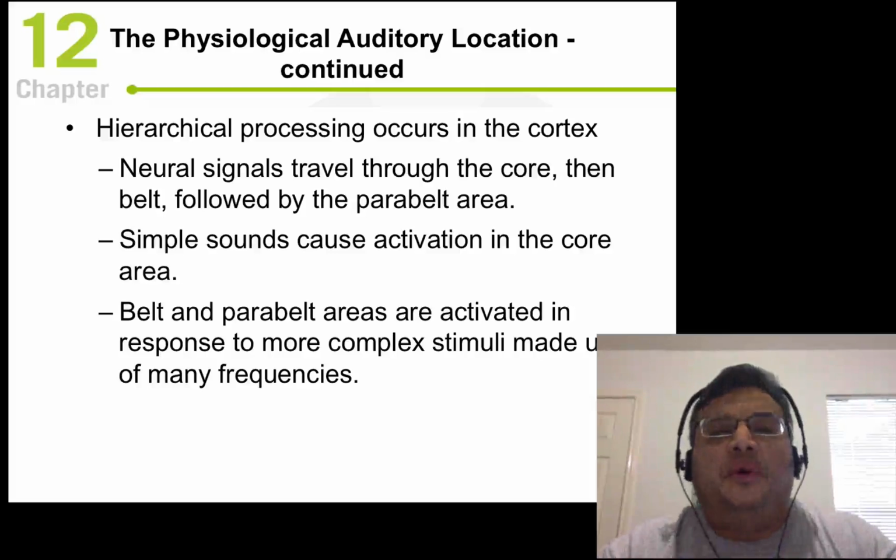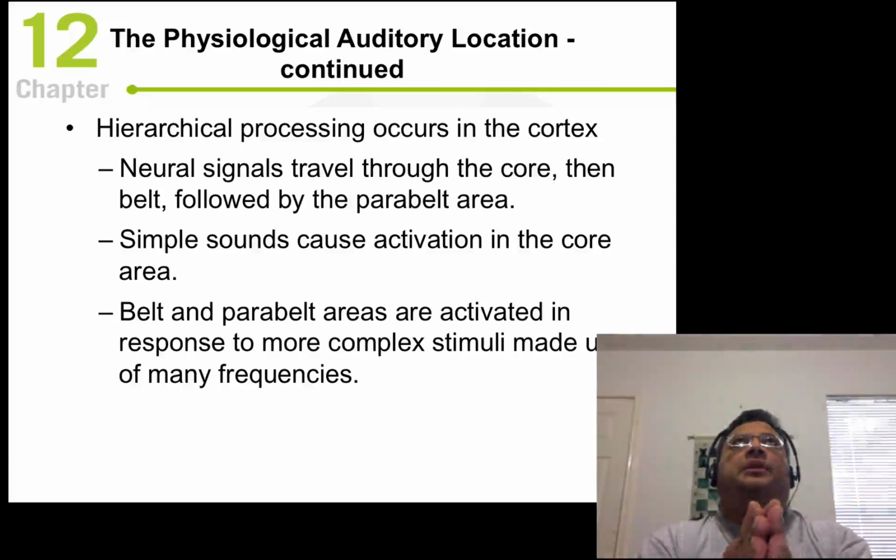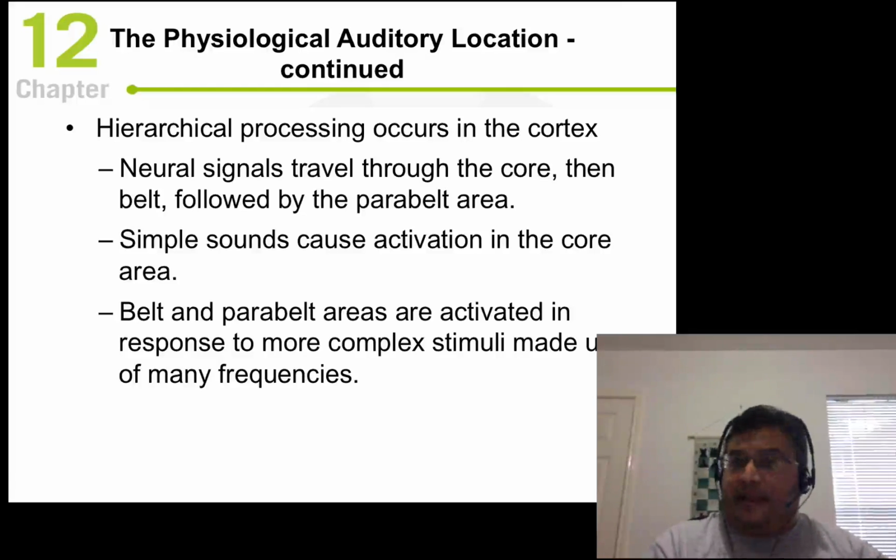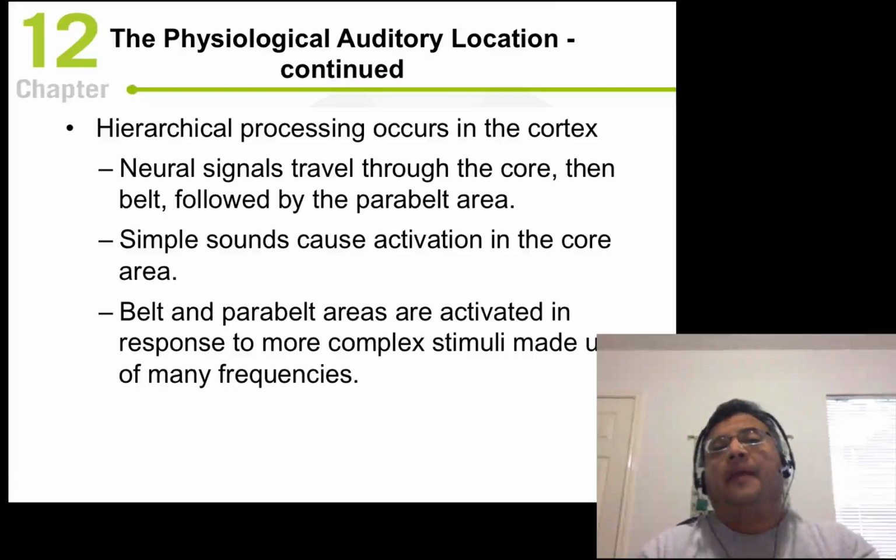Once the information goes into the cortex, it's processed in a hierarchical fashion. Like in the visual system, the processing goes through a series of layers. The neural signals go to the core, then the belt, and then the parabelt area of the cortex.